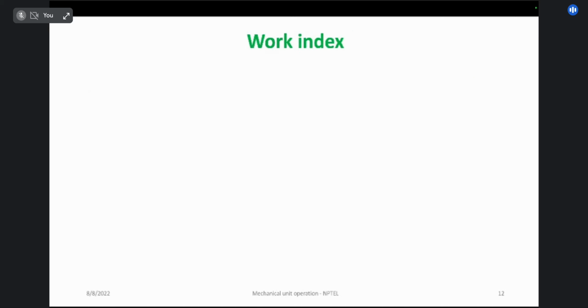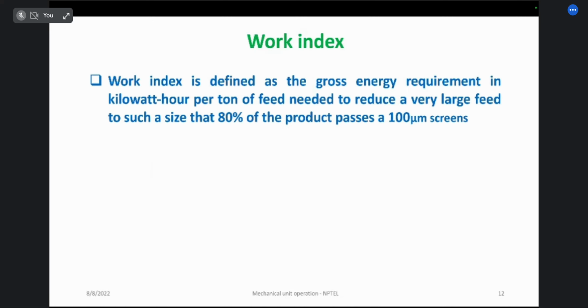Now in all of this, work index is also one matter, that is, what is the work required. So work index is defined as the gross energy requirement in kilowatt hour per ton of the feed needed to reduce a very large feed to such a size that 80% of the product passes through 100 micrometer screens.